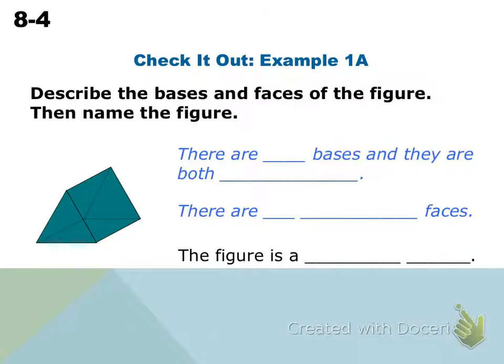So let's look at this next one. This next one, we have 2 bases. Those bases are triangles. And then if you're looking for the face, what kind of face do we have?